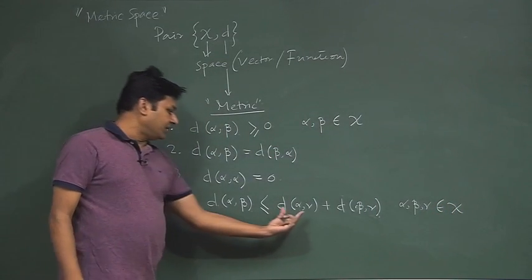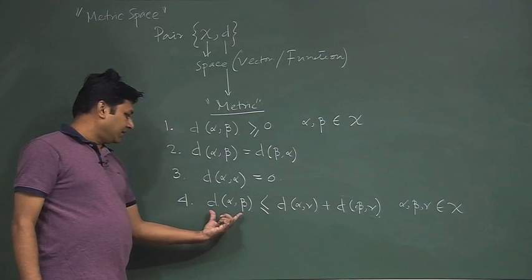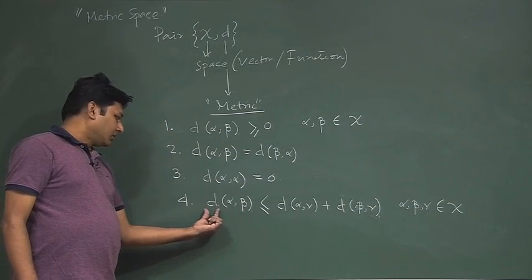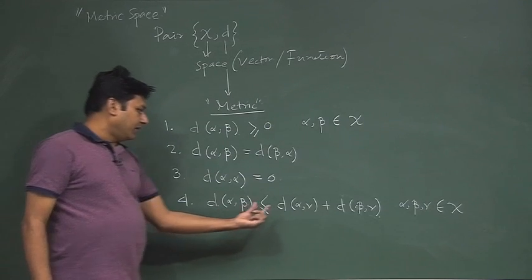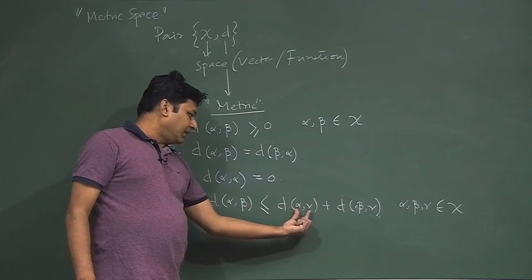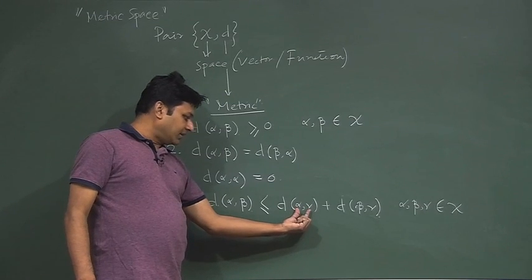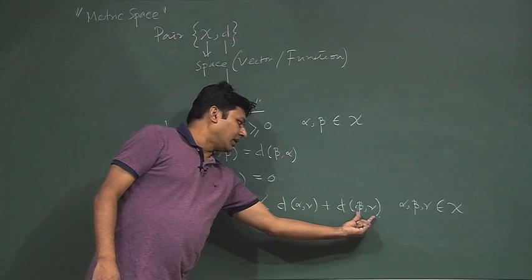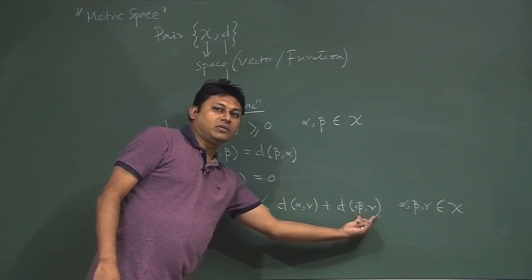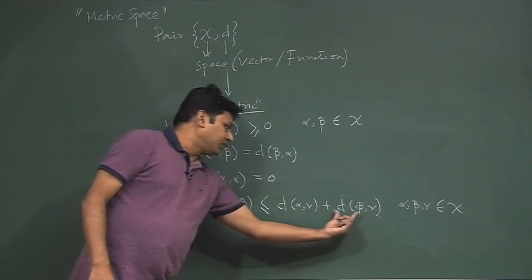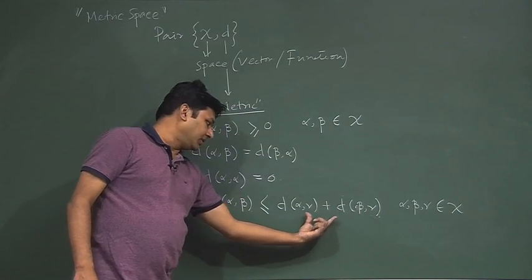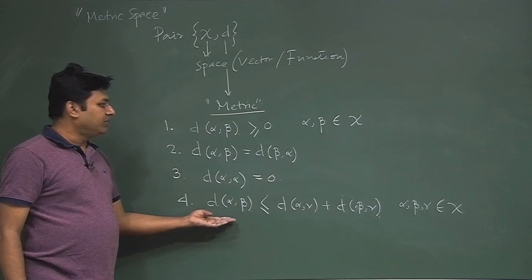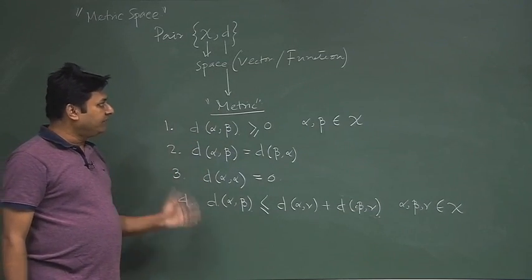I can take an additional element gamma. If I relate alpha with gamma and beta with gamma, and then take these 2 metrics and add them, I get something which is always greater than or equal to my original metric d. So, these are the definitions.